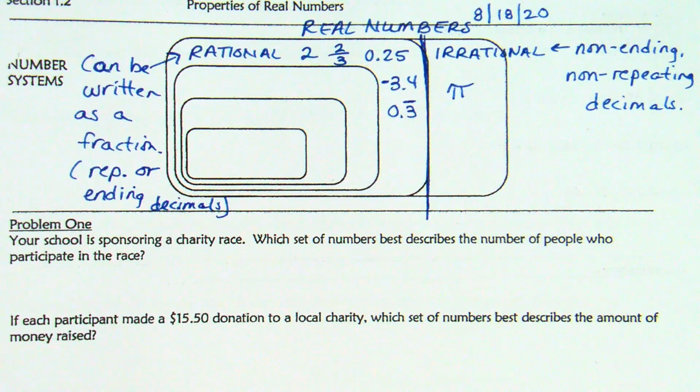Okay, now, we've got one more good example of irrational. What'd you keep saying earlier? Square roots. What kind of square roots are irrational? Negative. Well, could be negative or positive.